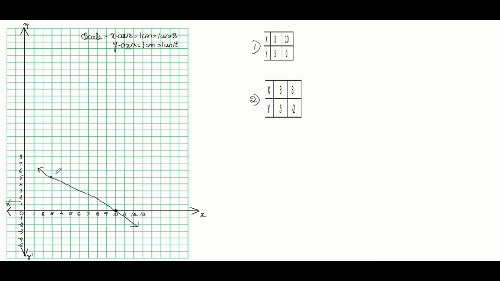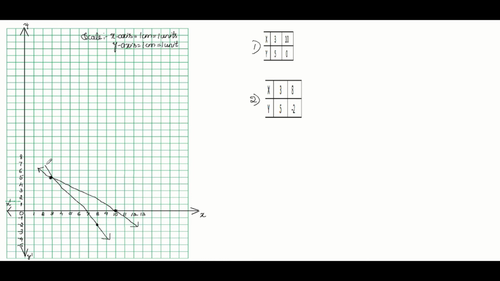Okay. Next is for 3 and 5. This is the same point, 3 and 5. Next one is for 8, it is minus 2. So this is 8 comma minus 2. Fine. So keep your scale properly and draw a line so that it has to touch this point.